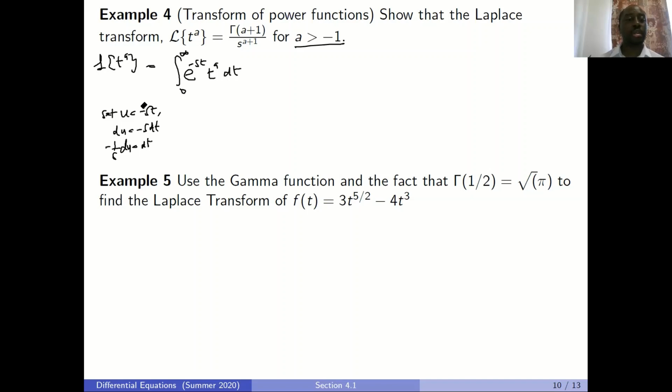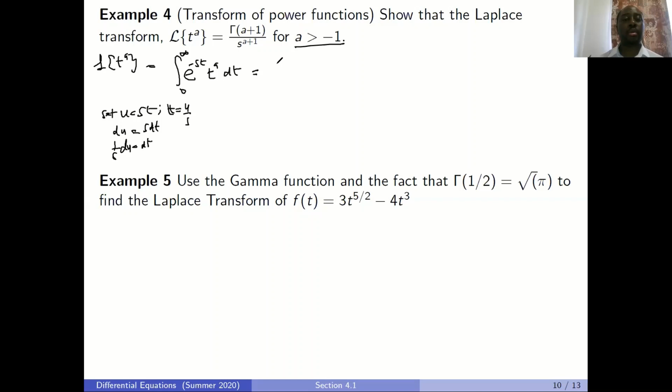Let's set u to be st, so that we can avoid those negatives flying around here. Okay, so then from here, I can also say that t is u over s.